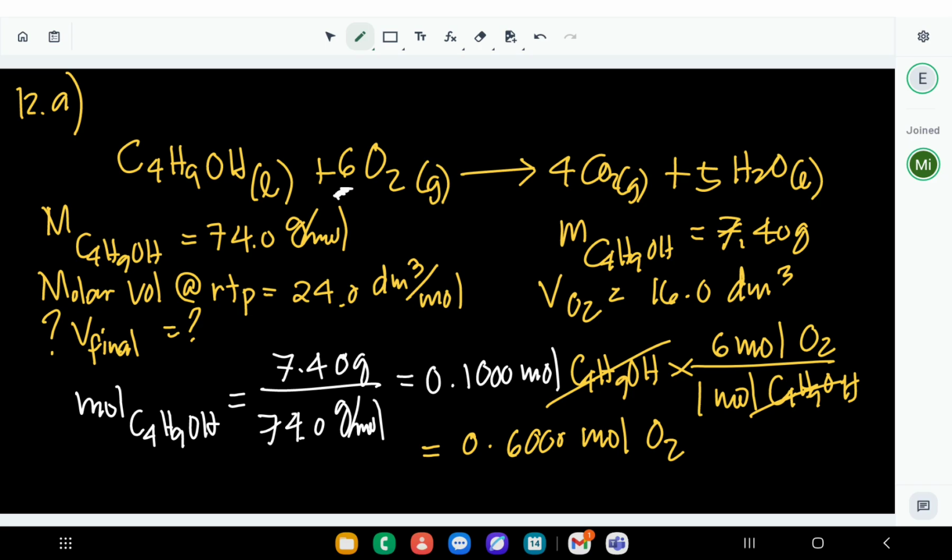I think this one is the initial volume of the mixture of gases. So let me delete this.